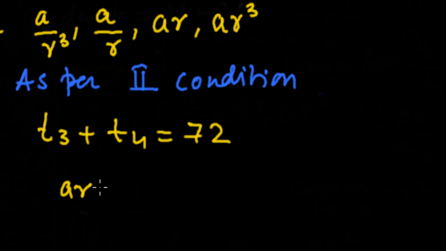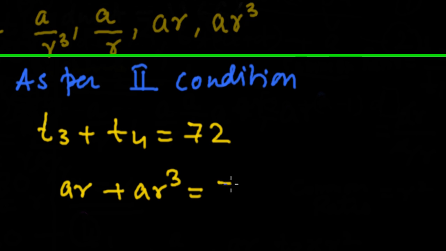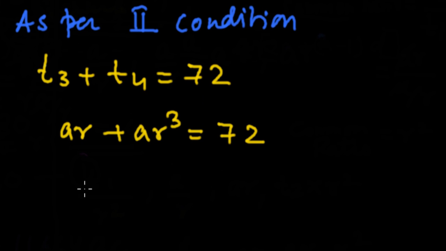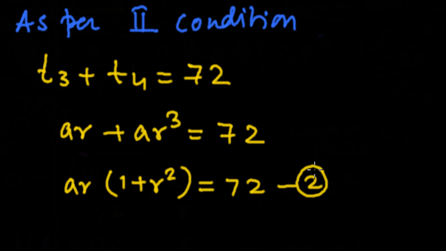T3 is AR and T4 is AR cube, which is equal to 72. We can write this as AR times (1 plus R square) is equal to 72. This is equation number 2. Now we have to divide equation number 1 by equation number 2.